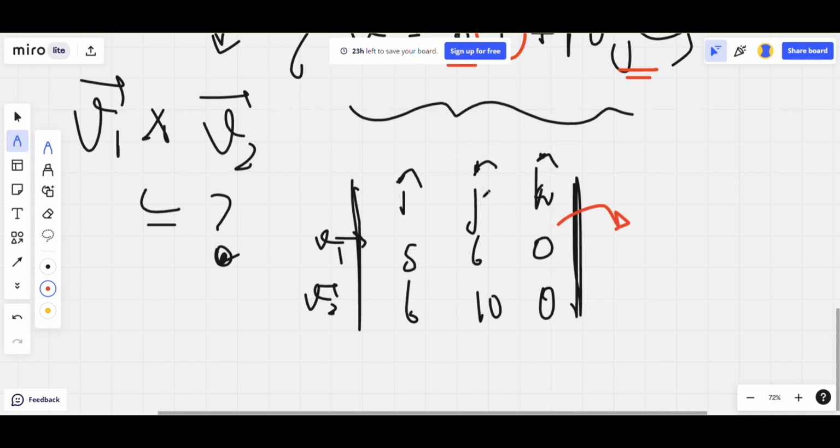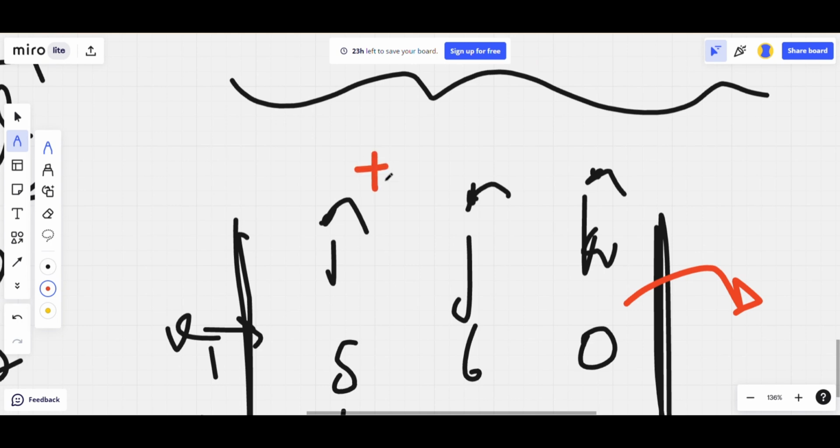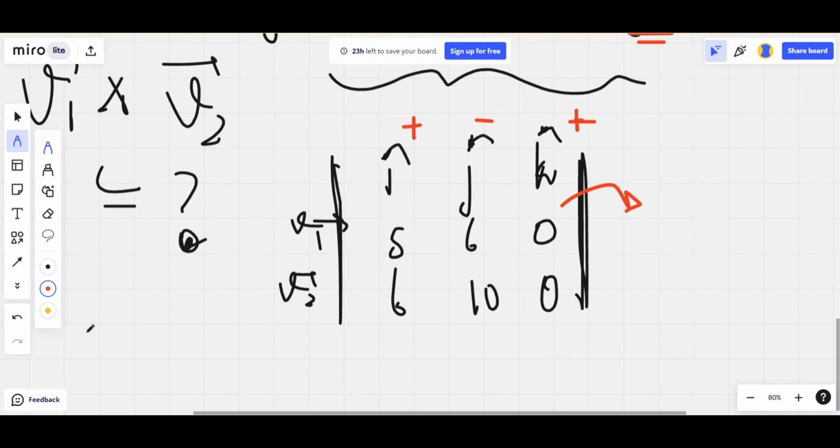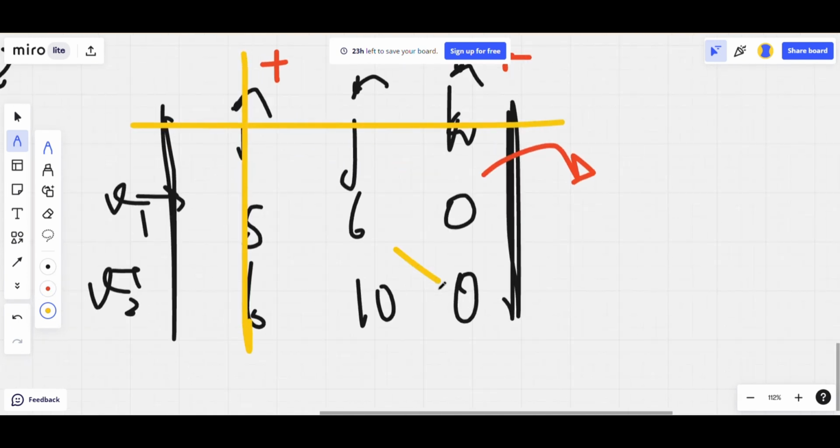The method of solving a determinant is plus for this one, minus, plus. Keep it in mind. Now we first cross out like this and we multiply these two with the minus of these two.